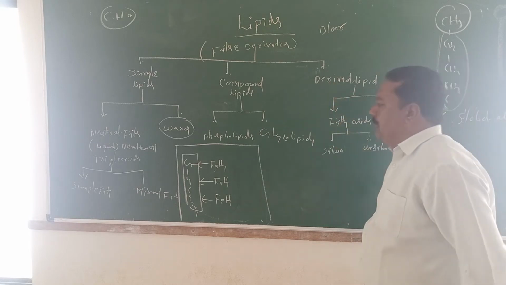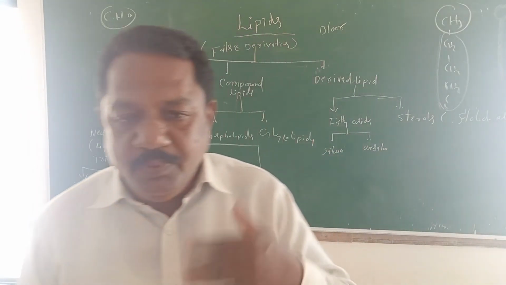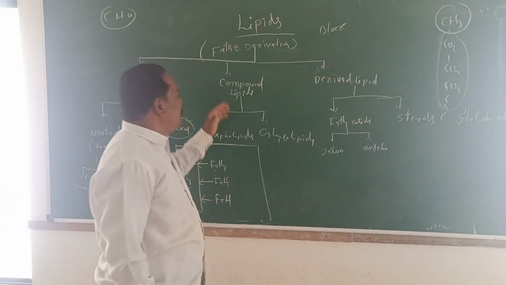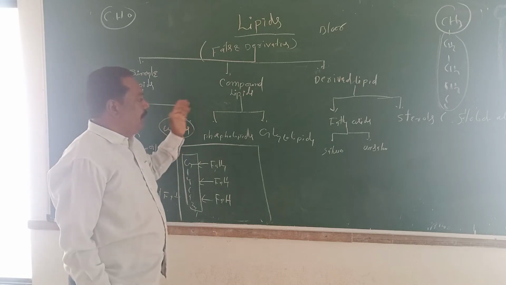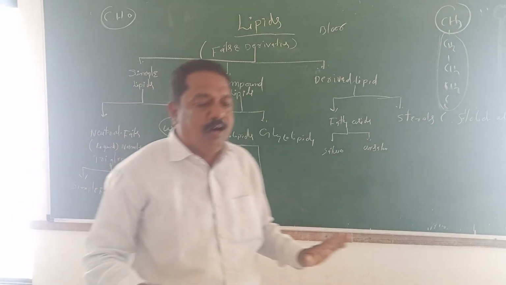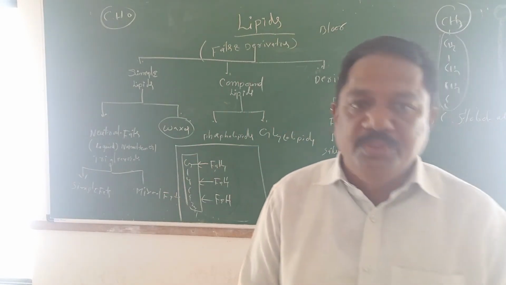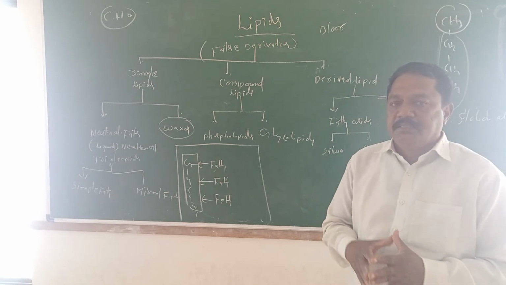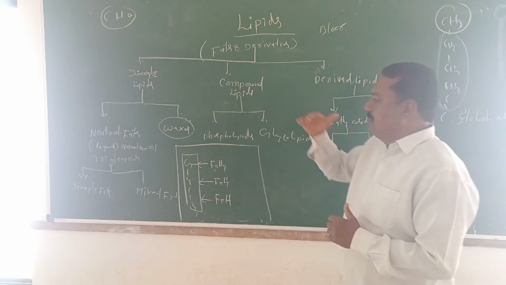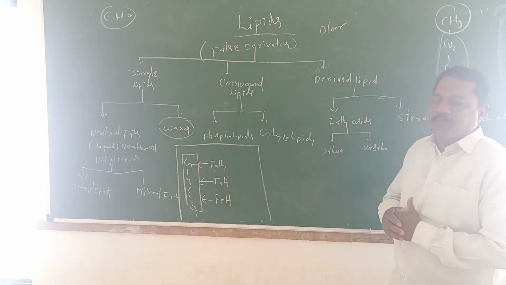So, compound lipids. What is a compound lipid here? Compared to simple lipids, the complexity is more increased. Compound lipids means that in addition to triglycerides, which are commonly present in fats, the triglyceride molecules are attached with other compounds like phosphorus-containing compounds or carbohydrate-group compounds.